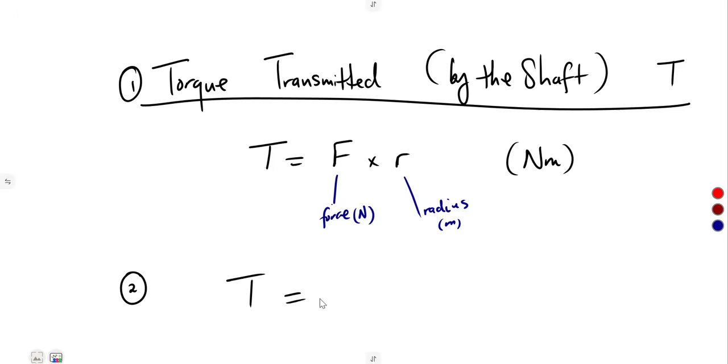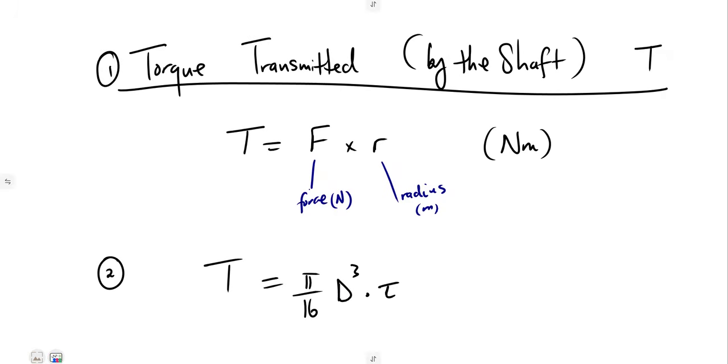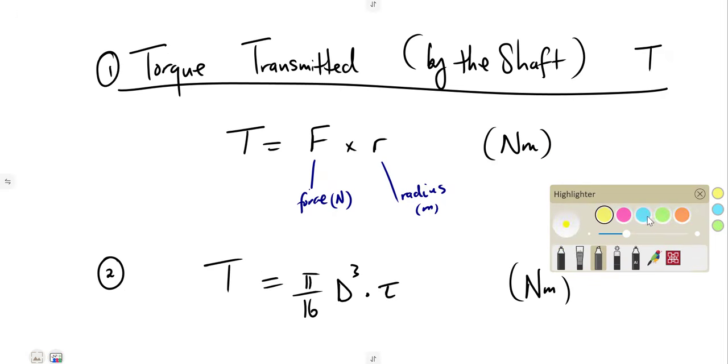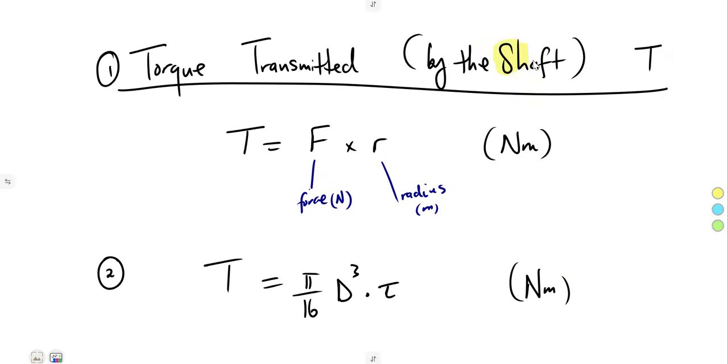Or we can have this one still as the torque transmitted by the shaft. We can have it as pi over 16 d cubed times tau. There we are still calculating the torque in Newton meters. The d is the shaft diameter, as we are considering the torque transmitted by the shaft.